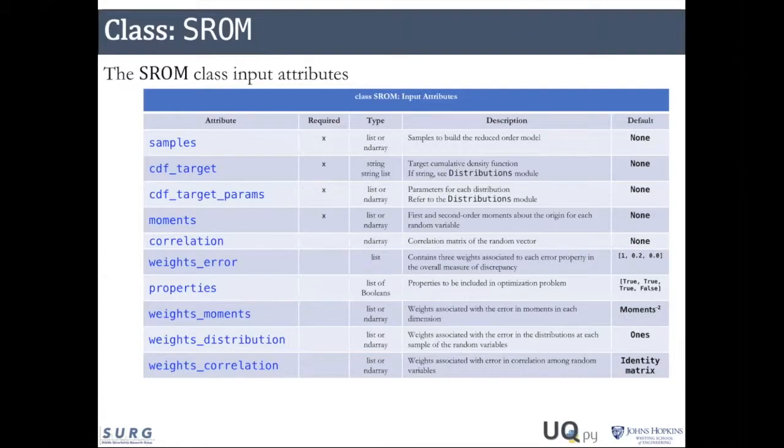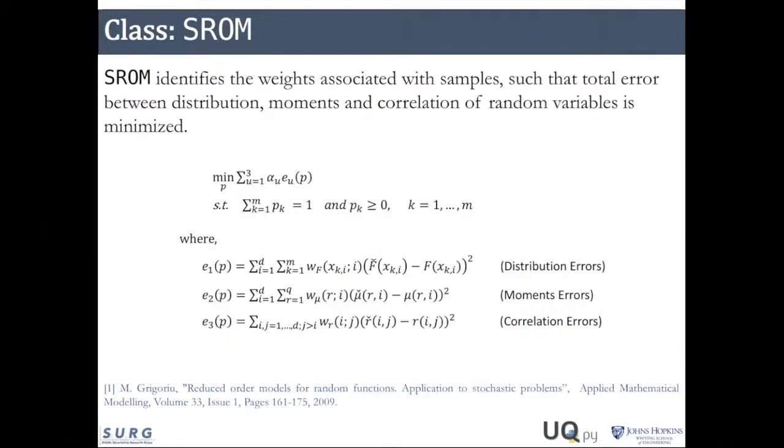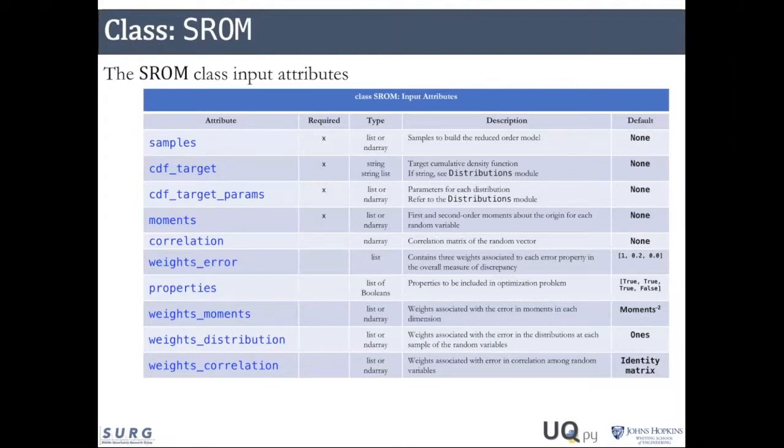Weights error is the alpha term in the objective function of our optimization problem, which defines the relative importance between the different errors like distribution error, moment errors, or correlation errors. Properties is a list of booleans which decides which properties you want to include in your objective function.